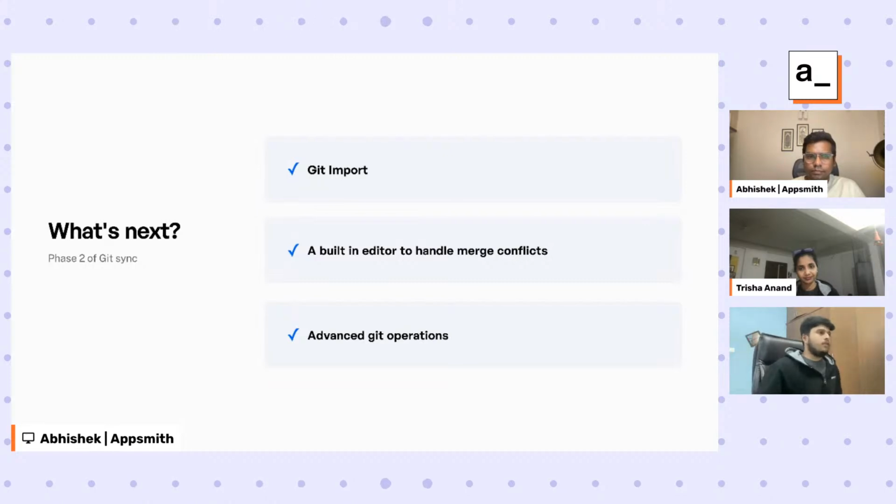That way you wouldn't have to worry about dealing with this data, or about breaking things. So that's the reason we want to introduce git import, because it solves environment issues as well.